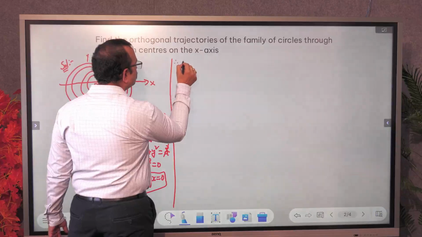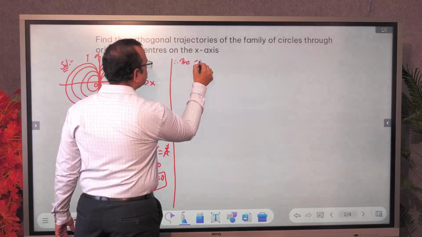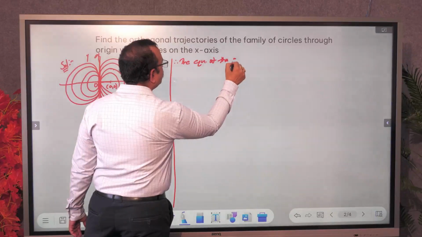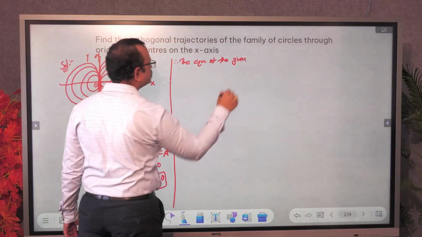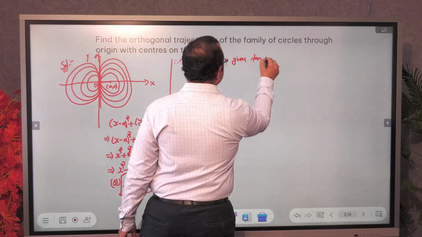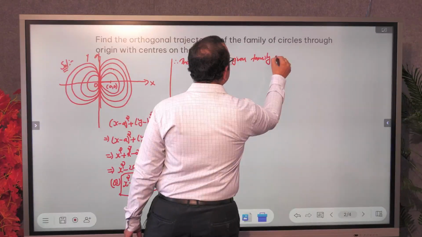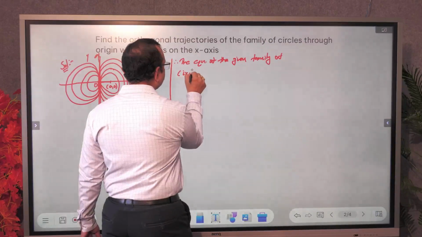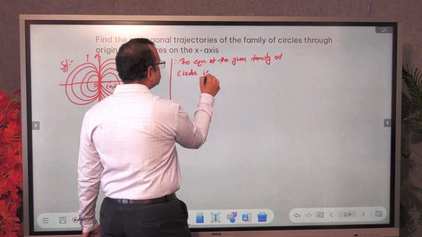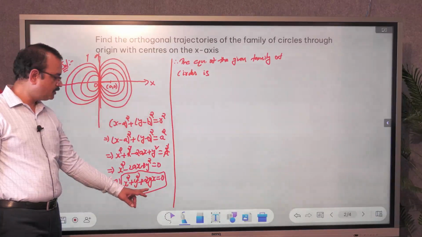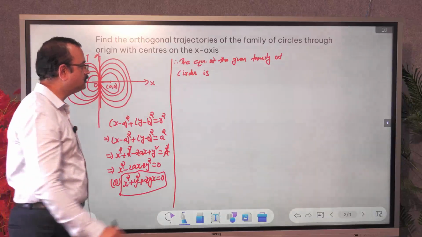So let me write once again. The equation of the given family of circles is x square plus y square plus 2gx is equal to 0.